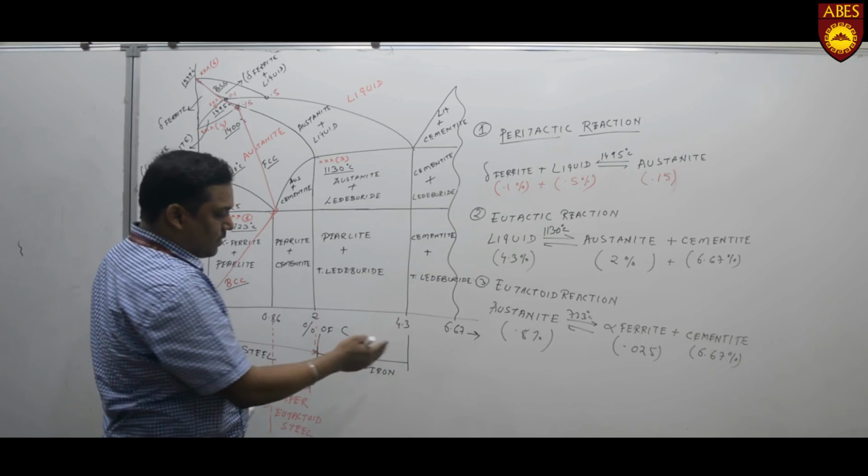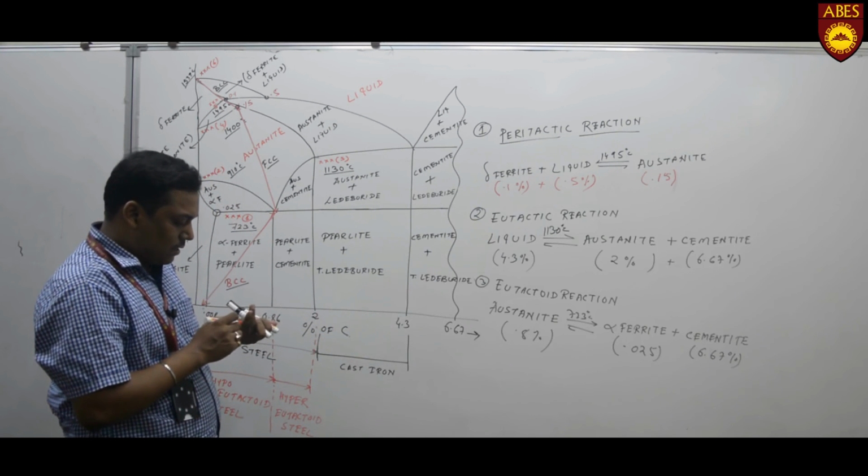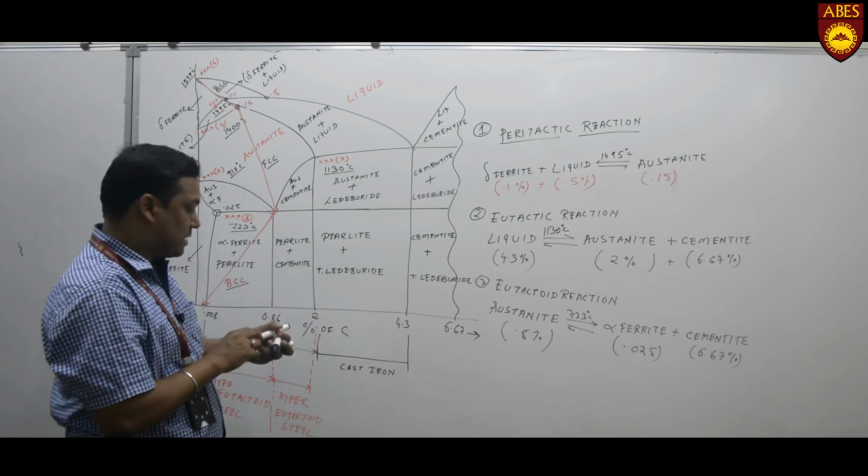Above 2% up to 4.3% carbon it is called cast iron.